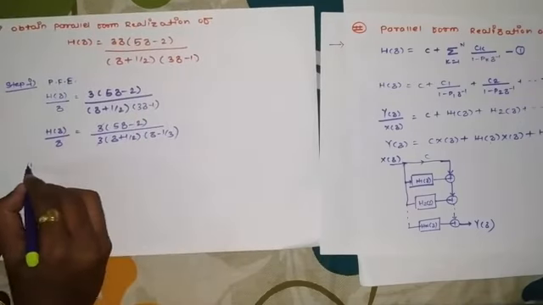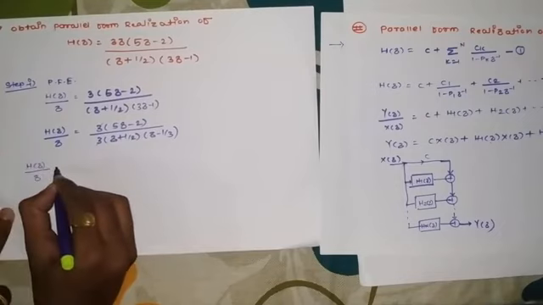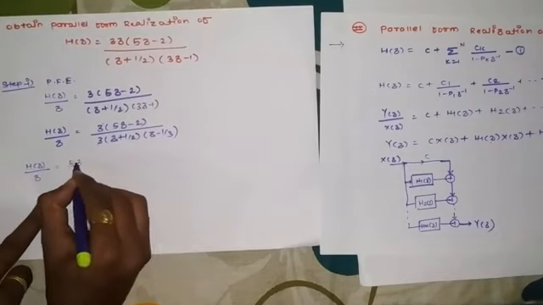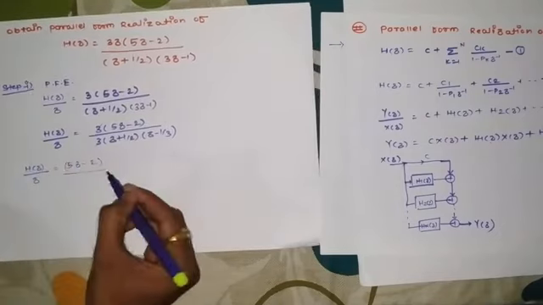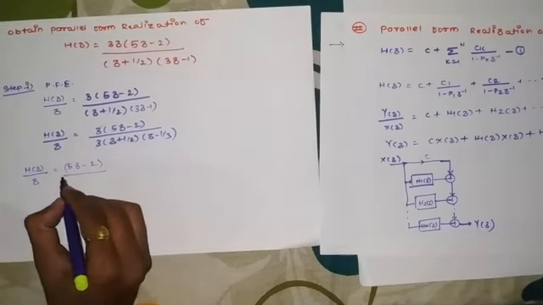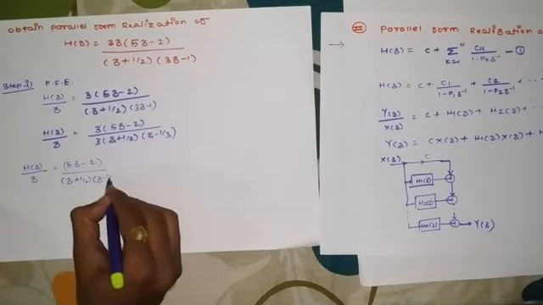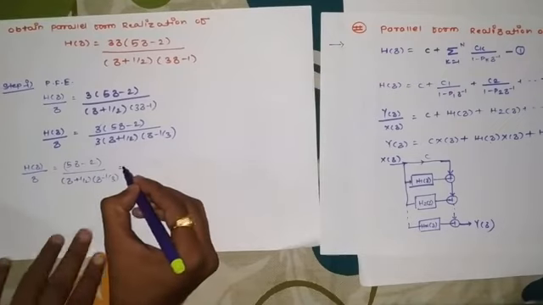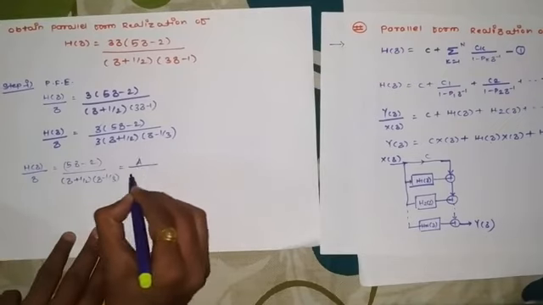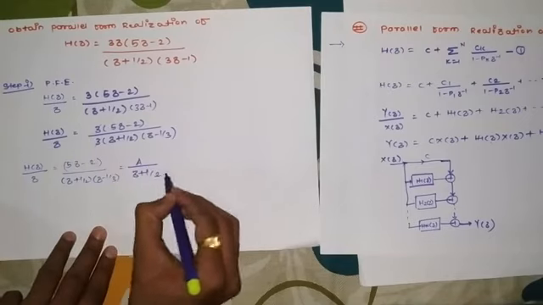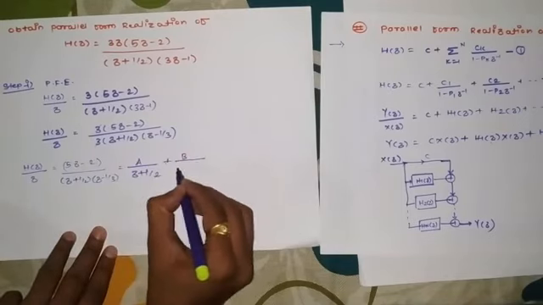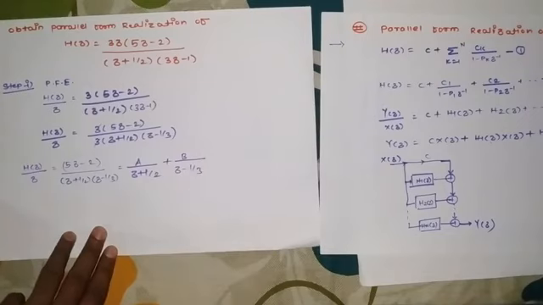I am writing this term H(z)/z is equal to (5z - 2) divided by (z + 1/2)(z - 1/3), which we'll simplify as A/(z + 1/2) + B/(z - 1/3).